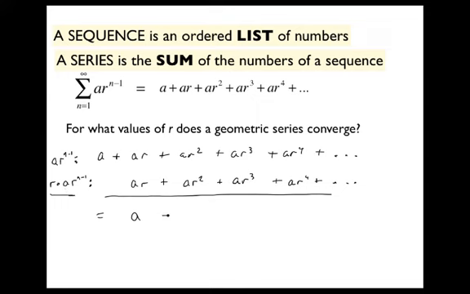I'm bringing this subtraction over to this side. It's going to be the sum of a r to the n minus 1, minus the sum of r times a r to the n minus 1.